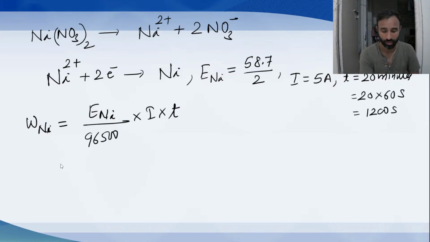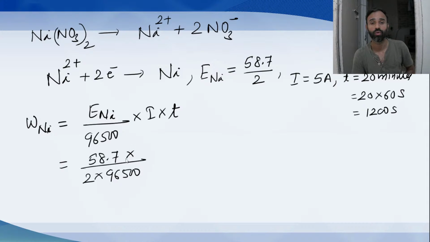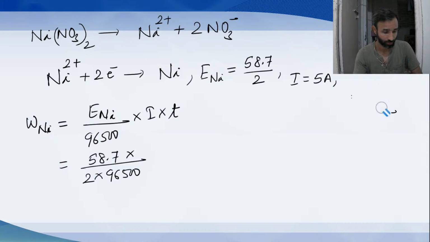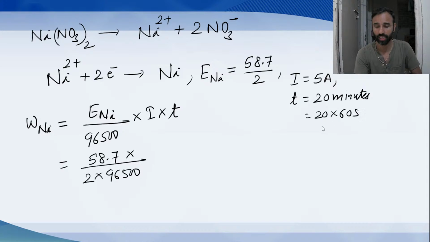Just put the values: 58.7 divided by 2 into 96500 into I, which is 5, into 1200.